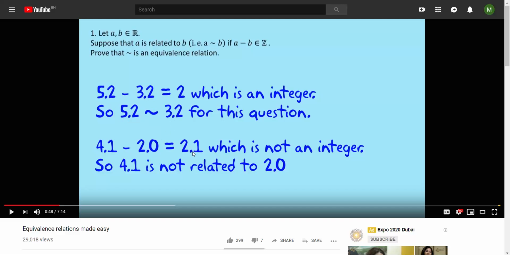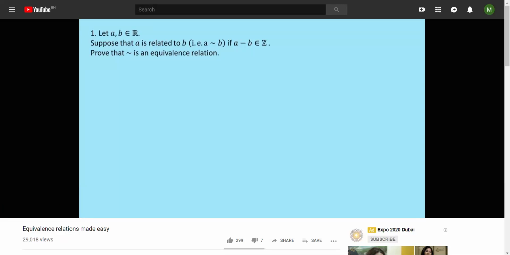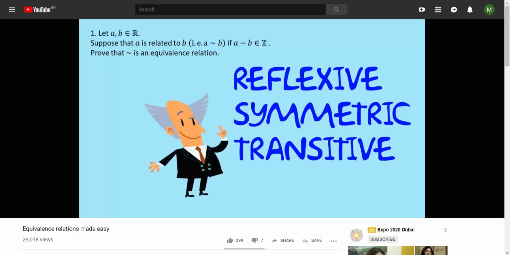However, in this case, the result is 2.1. So 2.1 is not really an integer, so there is no relation between 4.2, 4.1, and 2. Reflexive?